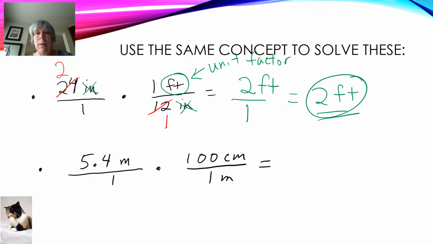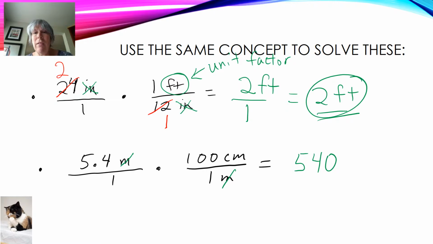Let's look at the next example. What do you see in the next example that has units that you could cancel? Remember, Thinkercat's there, so you had to think about it. You see meters, the m in the top of the left fraction and in the bottom of the right fraction. Those m's cancel. So you take 5.4 times 100, which you could do on your calculator, but you could just move the decimal 2 to the right, and you would get 540.